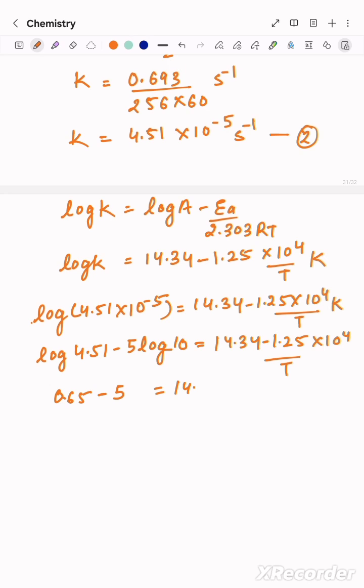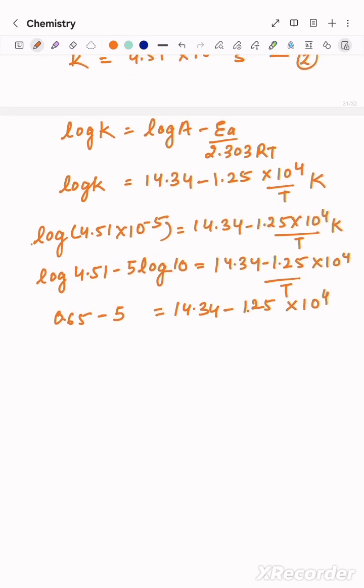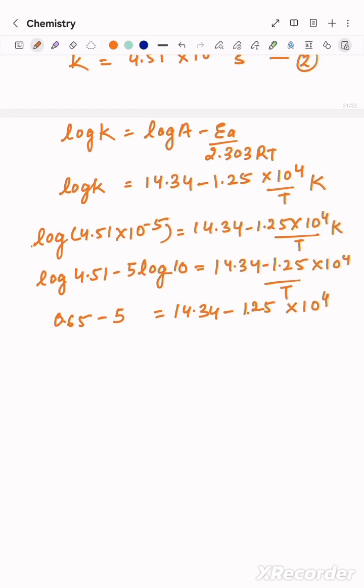This is equal to 14.34 minus 1.25 multiplied by 10 to the power 4 upon T.